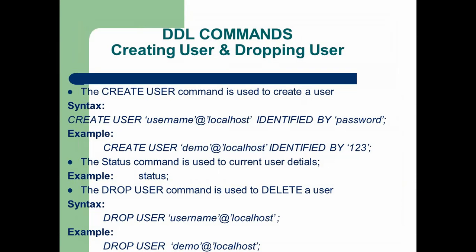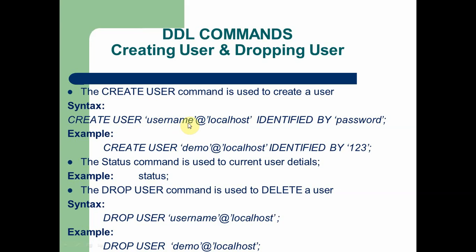Now the last command of this chapter in DDL is creating a user and dropping a user. Of course, there is a way to create our own user where we can use our own username and password. The simplest way to create a user is the CREATE USER command with the syntax.